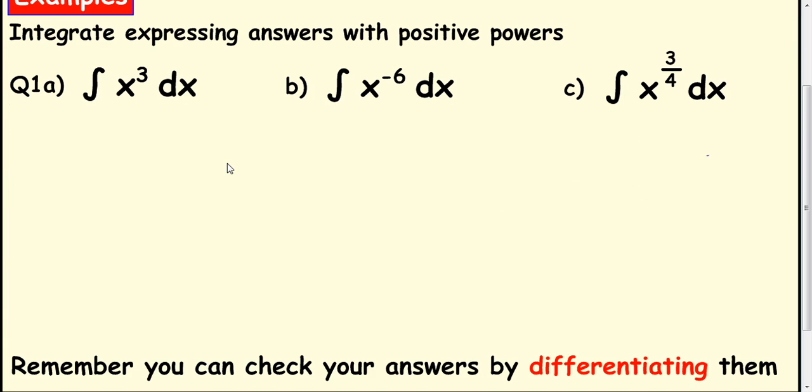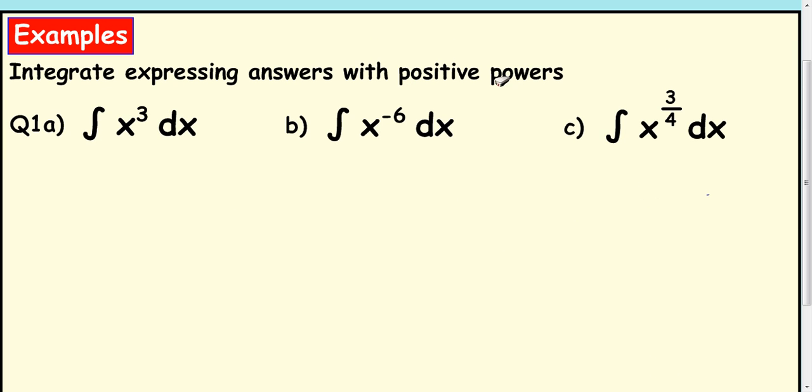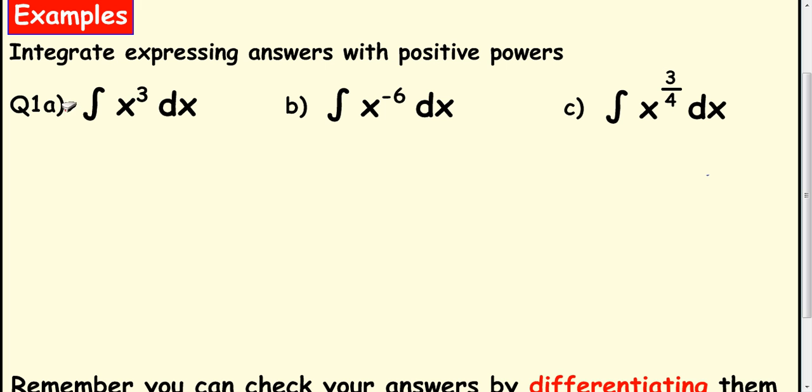Okay, first 3 examples. So, integrate expressing answers with positive powers. Integrate x cubed with respect to x. So, add 1 to the power, divide by the new power, and then remember your constant, your plus c. Add 1 to the power here, and that will be -5, and then divide by -5.